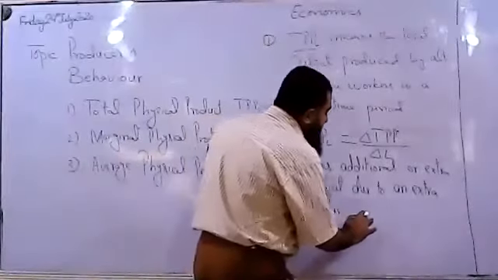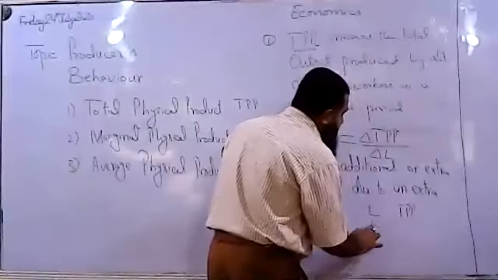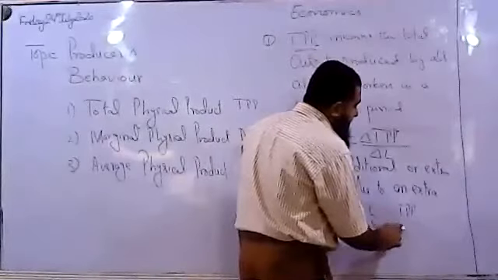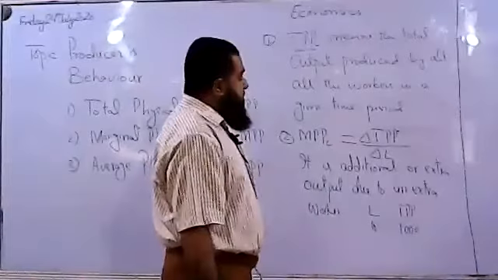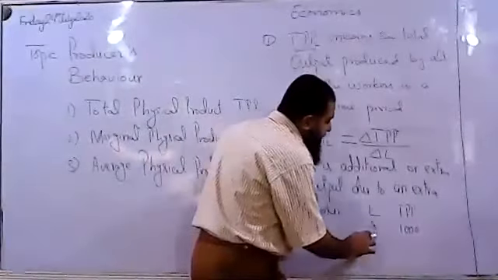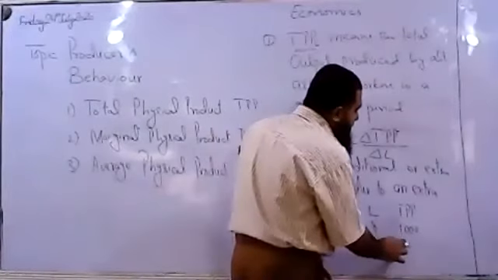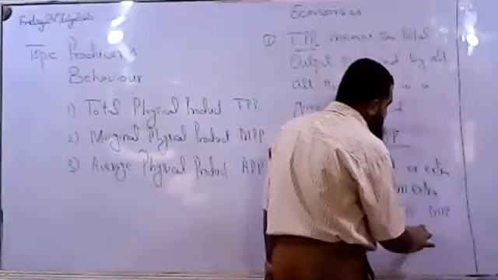So this is the marginal physical product of labor. We say this is additional output due to an additional worker. When total number of workers employed was 10, 1000 units of output were produced. Now the 11th worker is added. If total output moves to 1050, what is the marginal physical product of this extra worker?